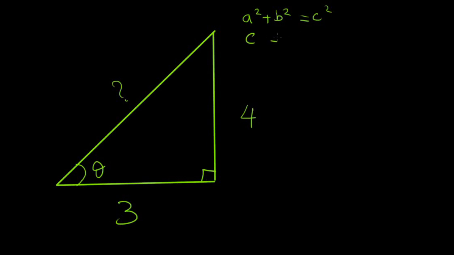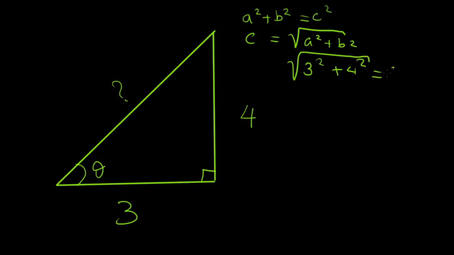So c is equal to the square root of a squared plus b squared. So we can substitute in the numbers: 3 squared plus 4 squared, and if we take the square root of them, we will get c. 3 squared is 9, and if we add 16 to it, we will get 25, and the square root of 25 is 5. So this question mark is 5.